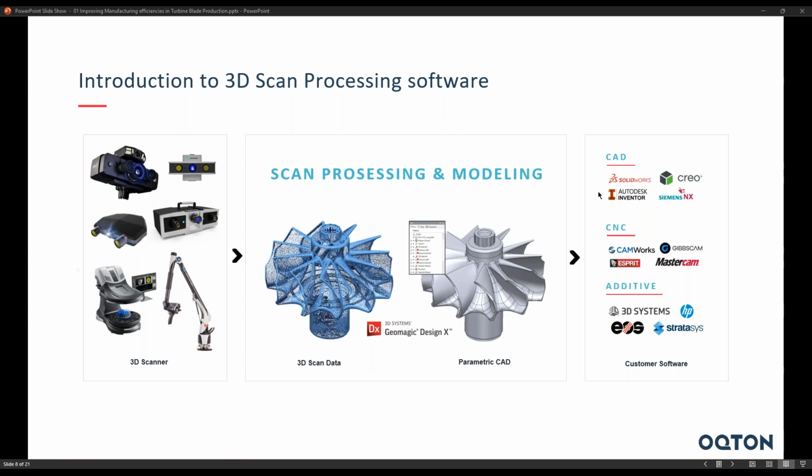And that's where the first product that I want to talk about today comes into play, our DesignX package. Our DesignX package specializes in sitting in between the scanners and the CAD and CNC manufacturing world to create the proper geometry to go into those workflows.